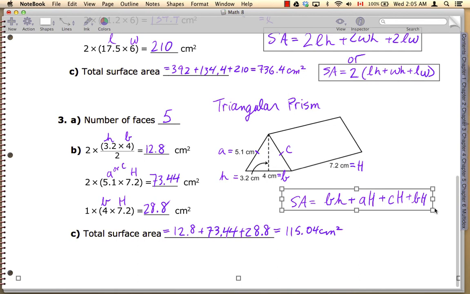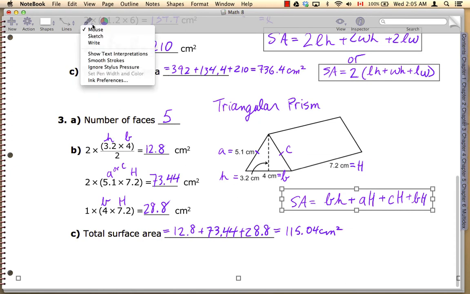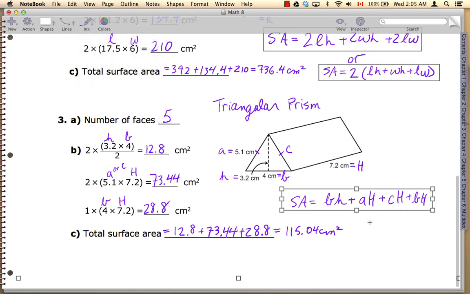There is another way that you can write this formula, so I'll just give you one other suggestion as to how you can use it. You can also write it this way: the surface area is base times height of the triangle plus A plus B plus C, which is the perimeter of the triangle, times capital H, the height of the prism.